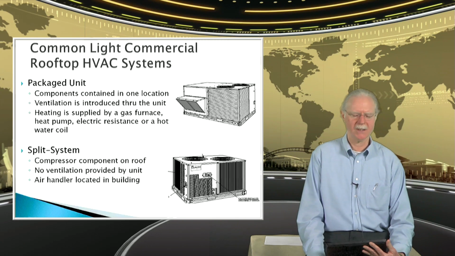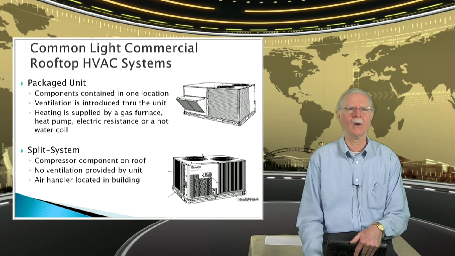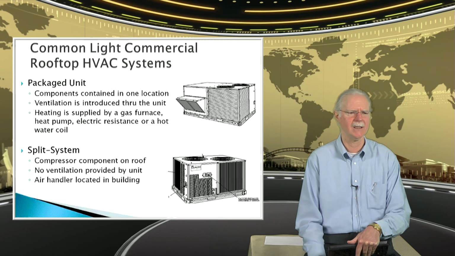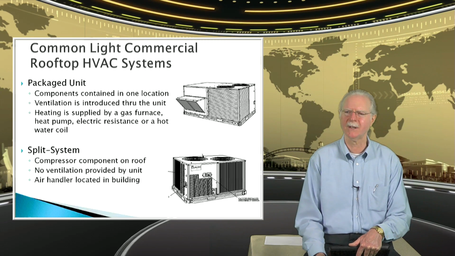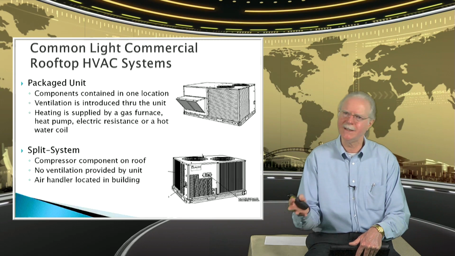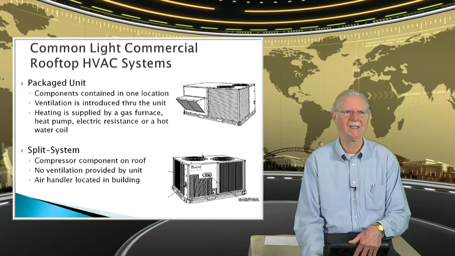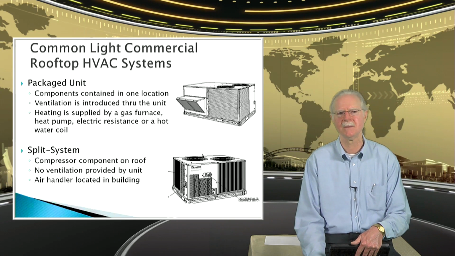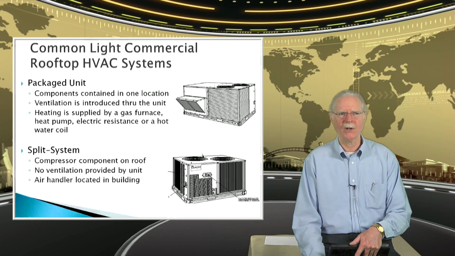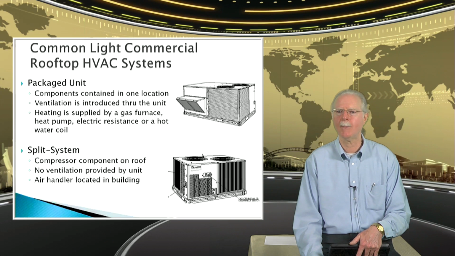So I think the first place to start, since my major goal here is to talk about light commercial buildings with a little bit of addition for big buildings and residential buildings, is to make sure that everybody's comfortable with typical heating and cooling systems in a light commercial building. There are two big categories of equipment that are commonly found in light commercial buildings.